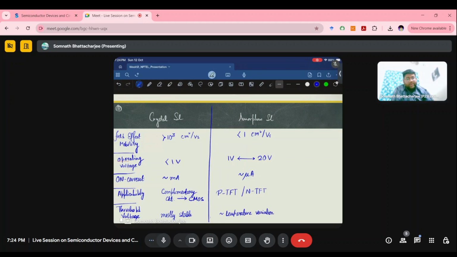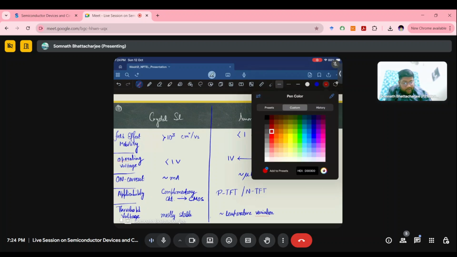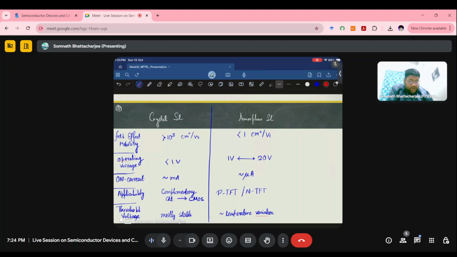So these are the basic trade-offs. Although our main focus has been on these amorphous semiconductor devices, now to give you a recent perspective, I guess everyone has heard of the TFT screens previously.